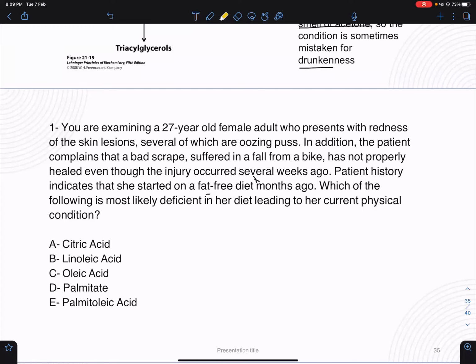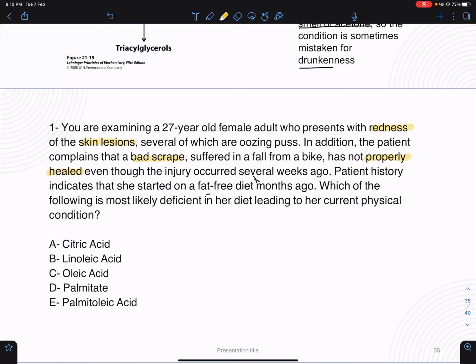So she's presenting with redness, skin lesions, and in addition, complains of a bad scrape that has not properly healed. This all should ring bells with relation to the eicosanoid hormones, which means that there's no clotting, there's skin lesions, irritation, skin inflammation. All of these signs relate to the lack of eicosanoid hormones.